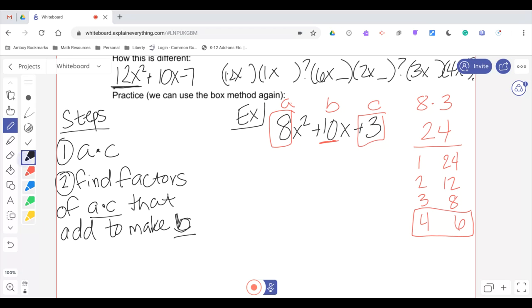Step 3, I'm going to make a box. And I'm actually going to draw the picture here. It's always going to be the same type of box, just a little 2x2 box. Draw it, and give yourself some space on the top and the side of this box.